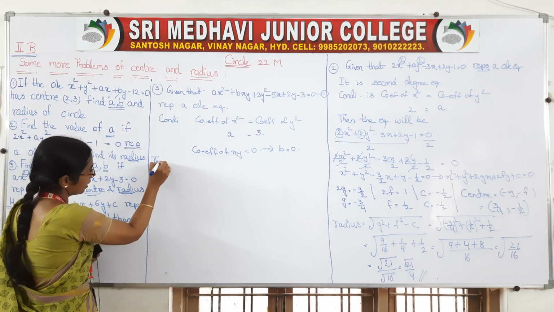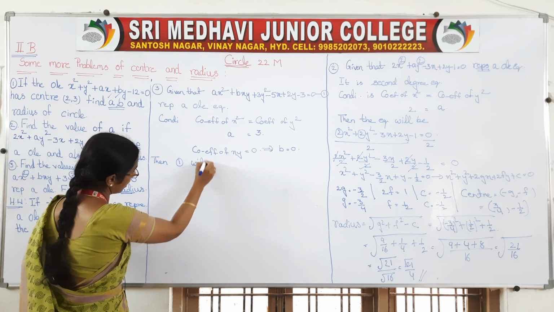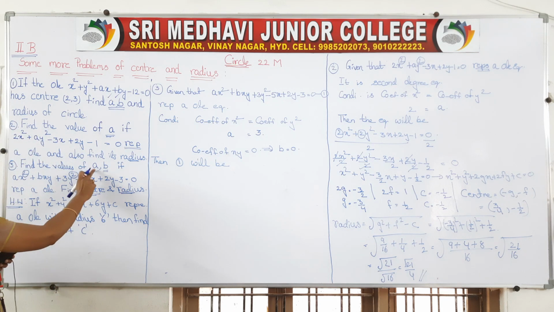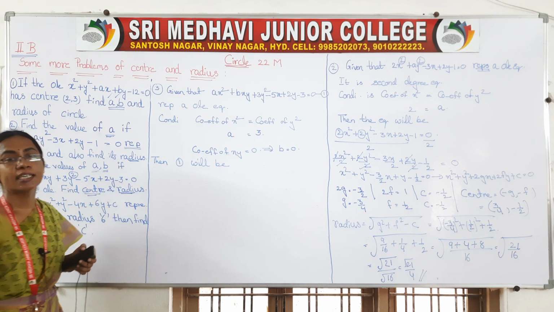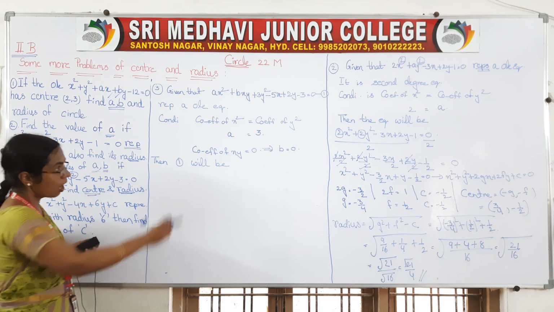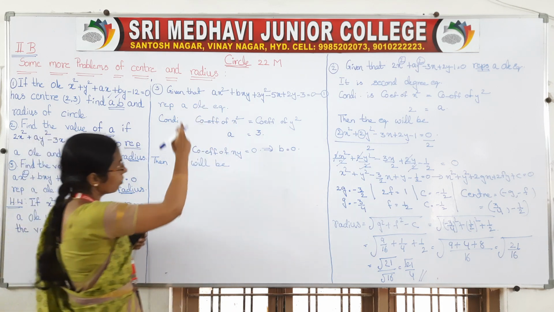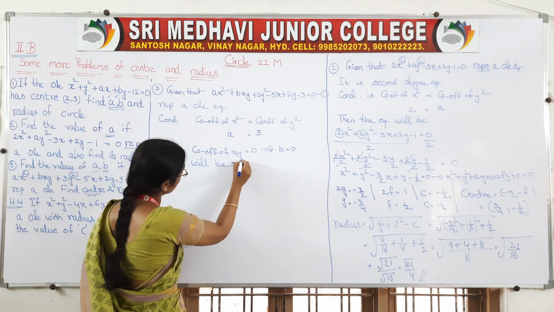Then the given equation 1 will be... So we got our a and b, and see the question: find a, b as well as the center and radius. Now try to find your center and radius. How? After getting a and b, we will substitute in that equation. A is 3, so it is 3x square.